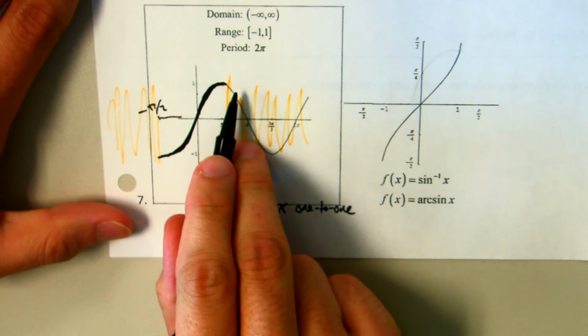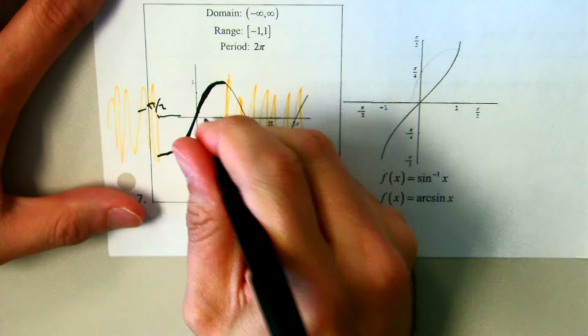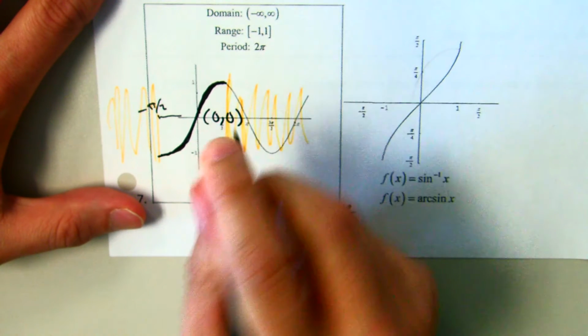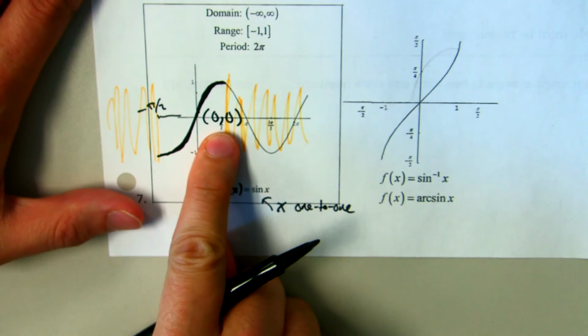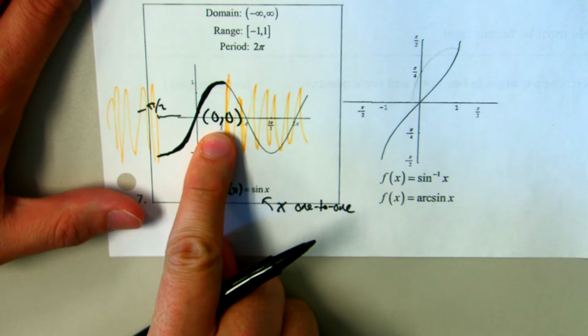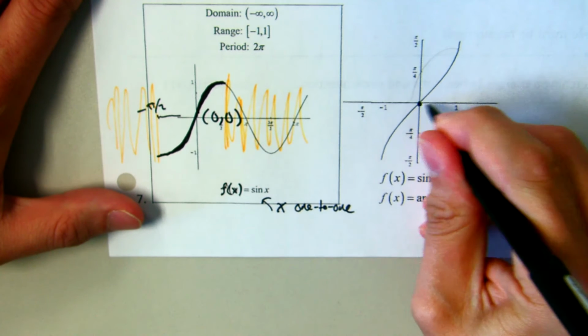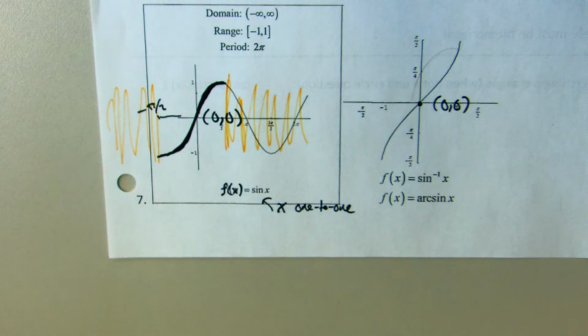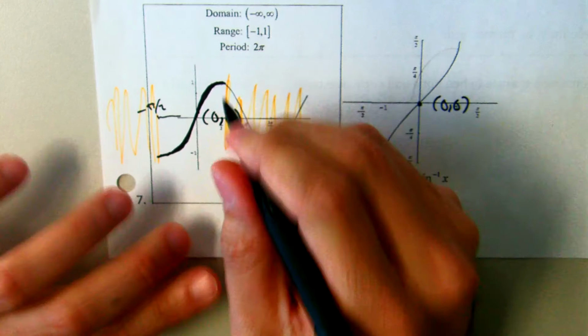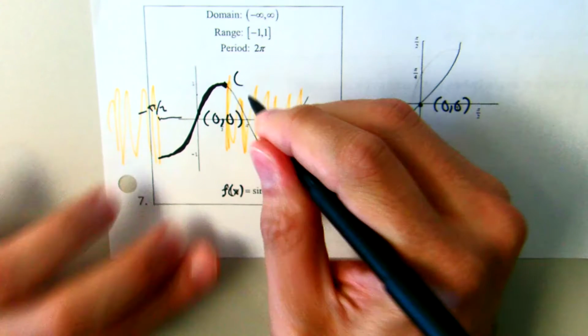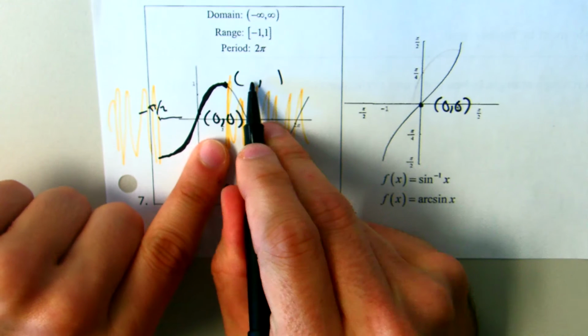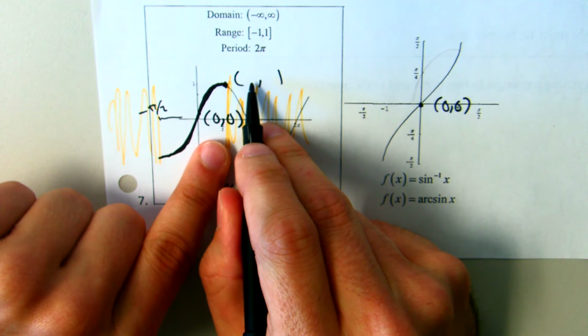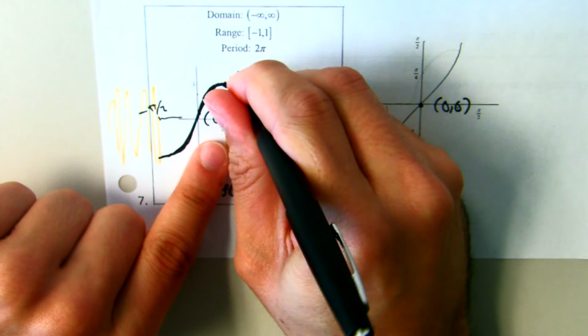So let's look at a couple points here too, so I think that will help you see. If a function has a point at (0, 0), like sine does, you should be able to switch x and y, switch the input and the output, and you should be able to get a point on the inverse. Well, (0, 0) is not very interesting. But what about this point? What is that point on sine? Okay.